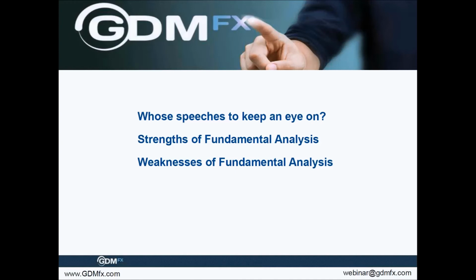The first most important speech: the Chairman of the Federal Reserve Bank of the USA. Right now, Chair Yellen. Before that, we had Bernanke. The Secretary of the Treasury, also for the US. The President of the Federal Reserve Bank of San Francisco, and so on. All presidents of Federal Reserve banks have importance.